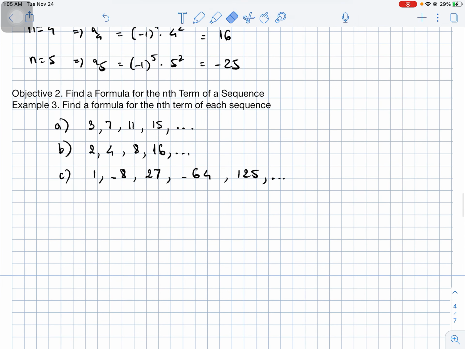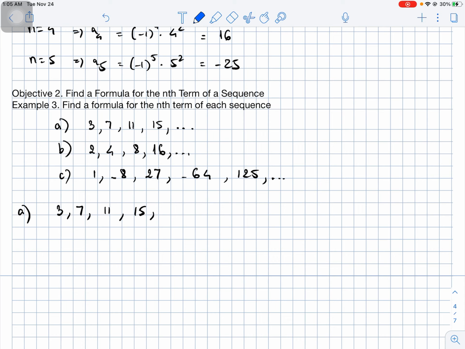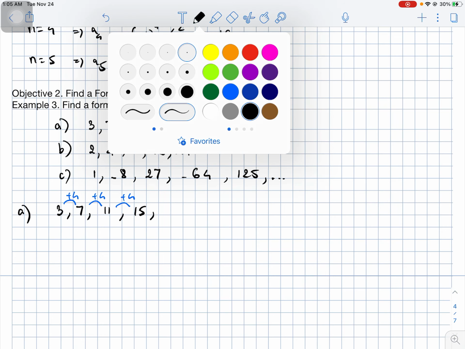In order to find the formula, let's look at those numbers and the relationship between them. From 3 to 7, then from 7 to 11, from 11 to 15, what we do is we are adding 4. So now we know the next number will be 19 because we keep adding 4.